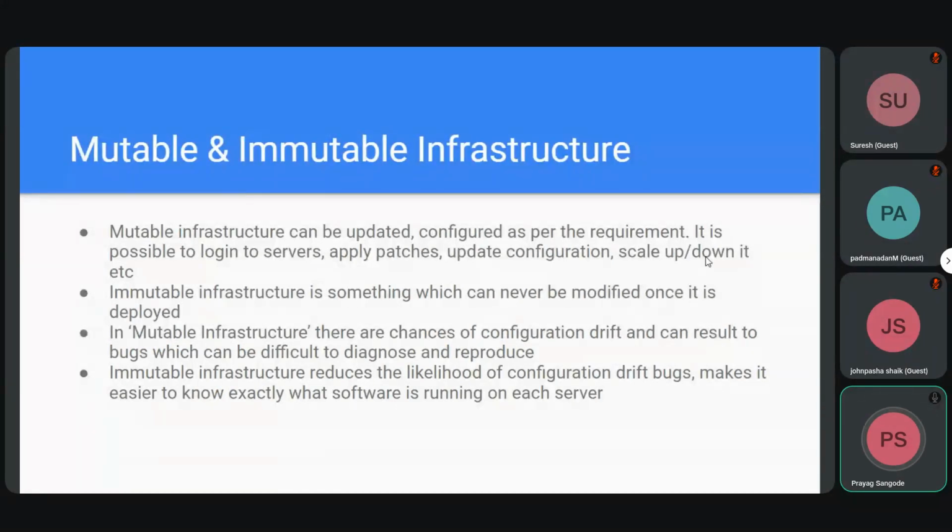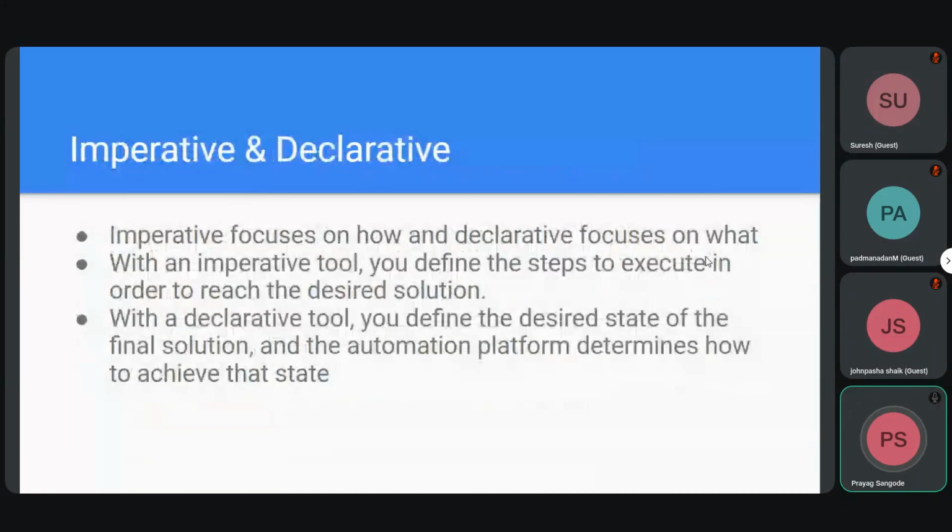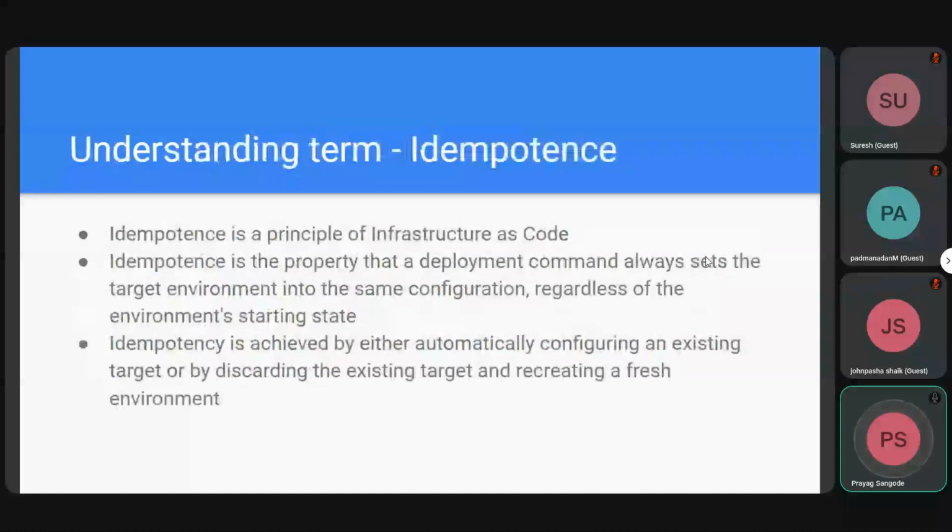We also know about the imperative and declarative nature of any system or software. Imperative means we give the details of how it is to be done, we give the steps, and in declarative we just declare, or say, to achieve this result. Most of the times in declarative systems we compare the current state and the desired state, and this is very important.